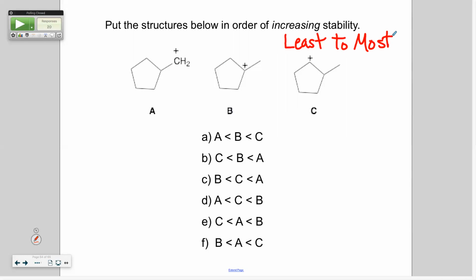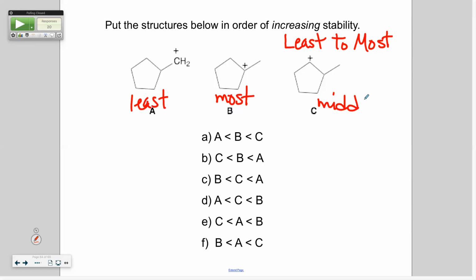All right, so which one out there do you think is the most stable? Most stable? Yeah, most stable. B, most. Okay, which one do you think is the least? Which one must be in between?